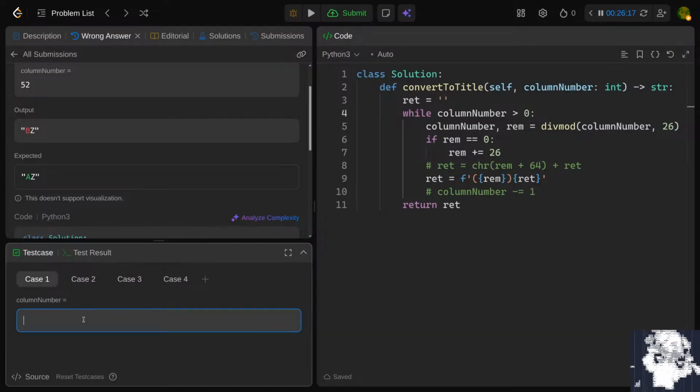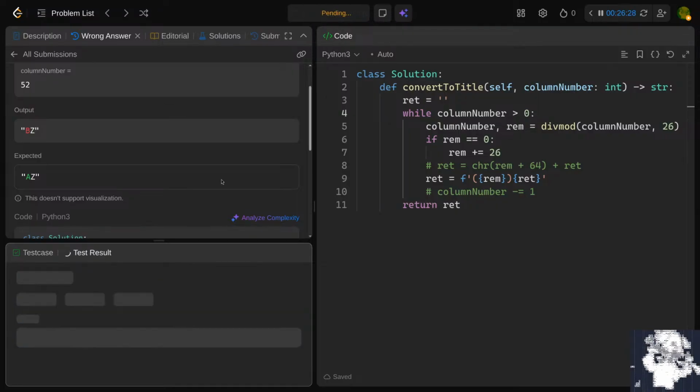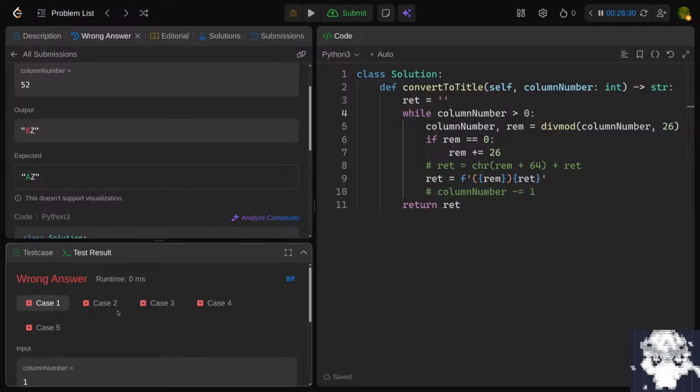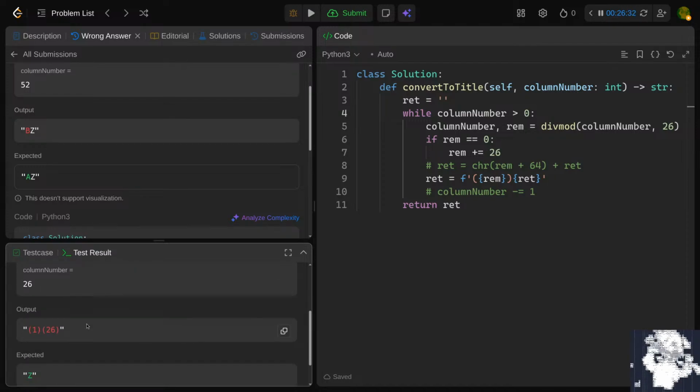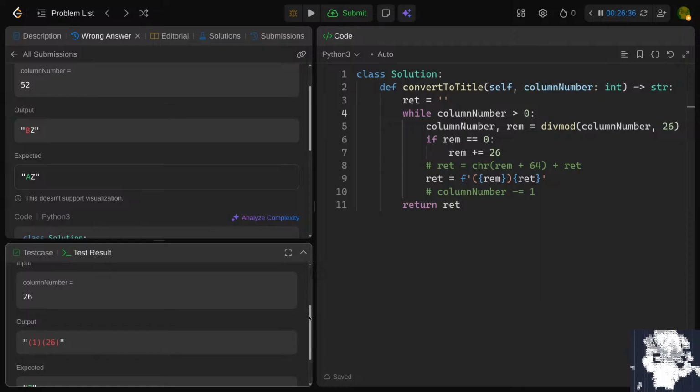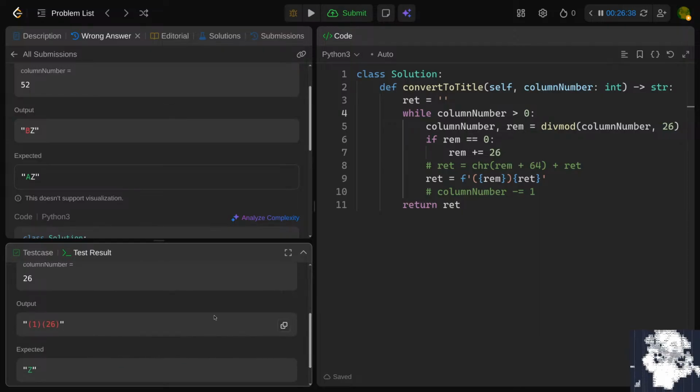Let's add a test case that's just the number 26. Wait. Add a test case that's just the number 26. So we're always saying, we're always like one number too big.